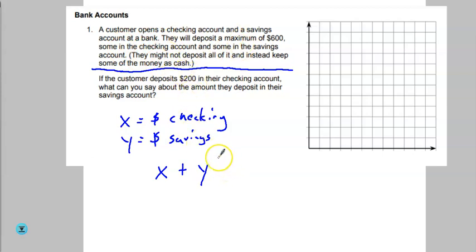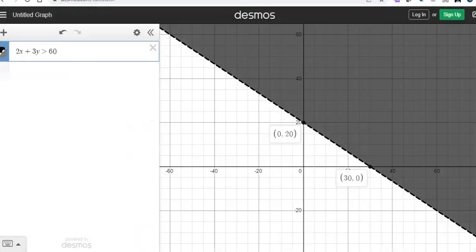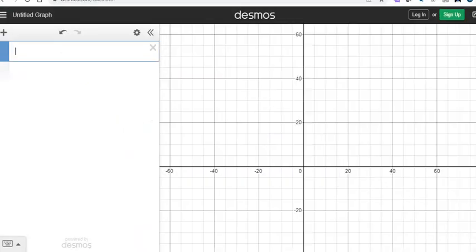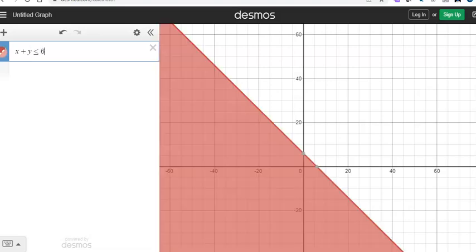So this could be less than or equal to 600. They can't go over 600. So if that's our inequality, we can go over to Desmos and look at x plus y. It's got to be less than or equal to 600.